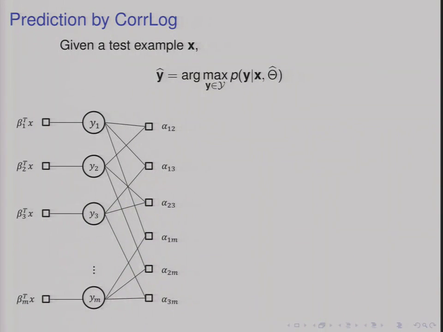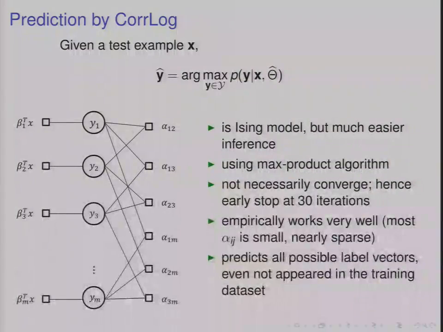For prediction, given a test example, the prediction by CorrLog is an inference problem over the Ising model. However, although it is an Ising model, the inference is much easier. This is because, from the factor graph, we can see that the factors beta_i and x provide a basic probability for each of the labels. Then the correlation factors just adjust each of the labels so that we can get a joint prediction.